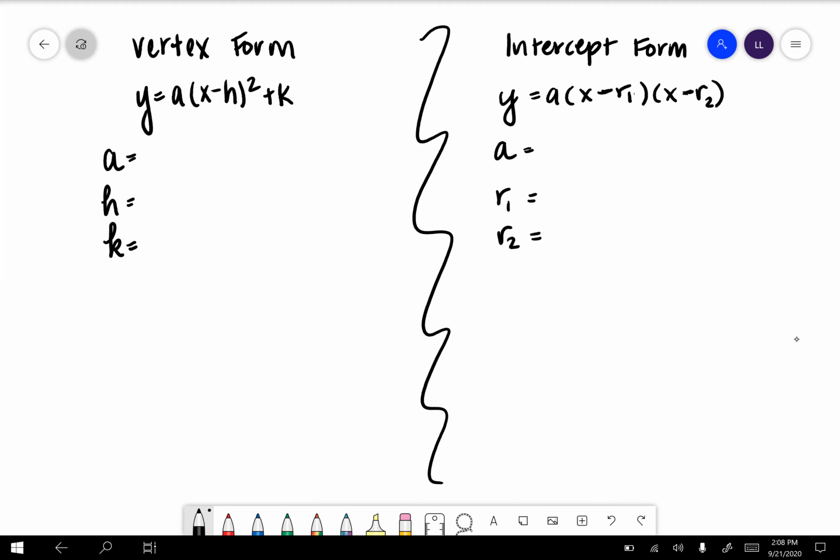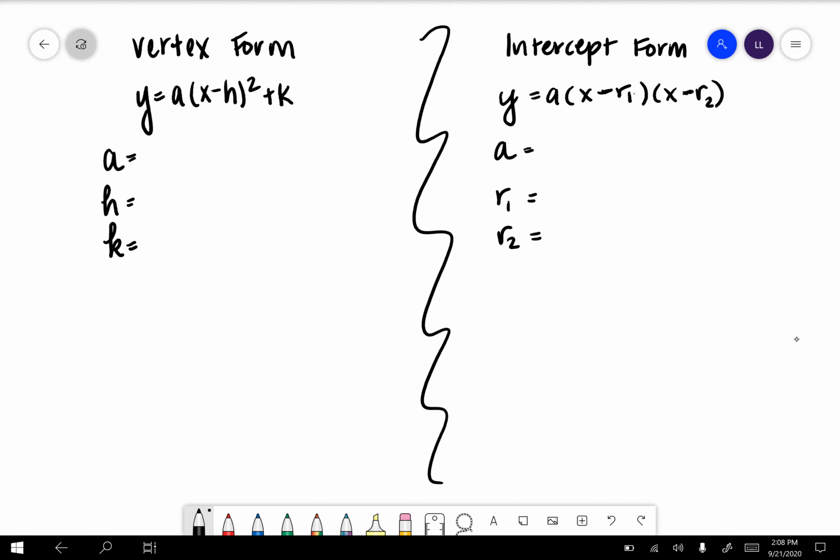H and K are the vertex. H is the x coordinate of the vertex, K is the y coordinate of the vertex. Here on the right, we have intercept form, where y is equal to A times (x minus r sub 1) times (x minus r sub 2), where r sub 1 and r sub 2 are the x-intercepts.